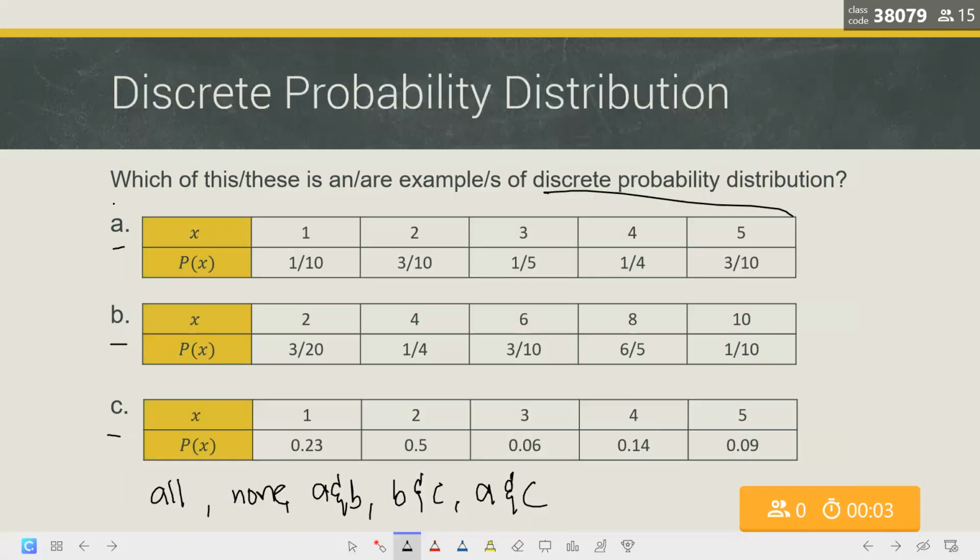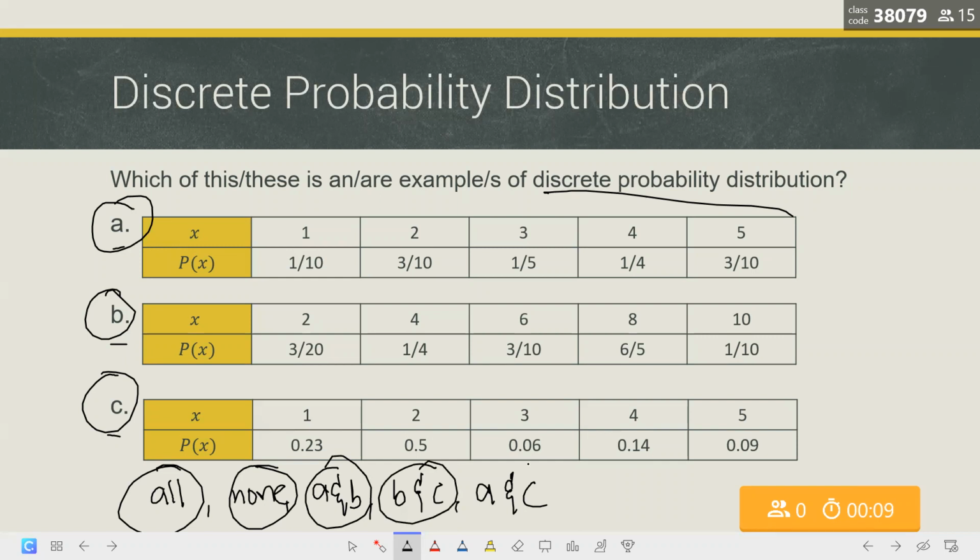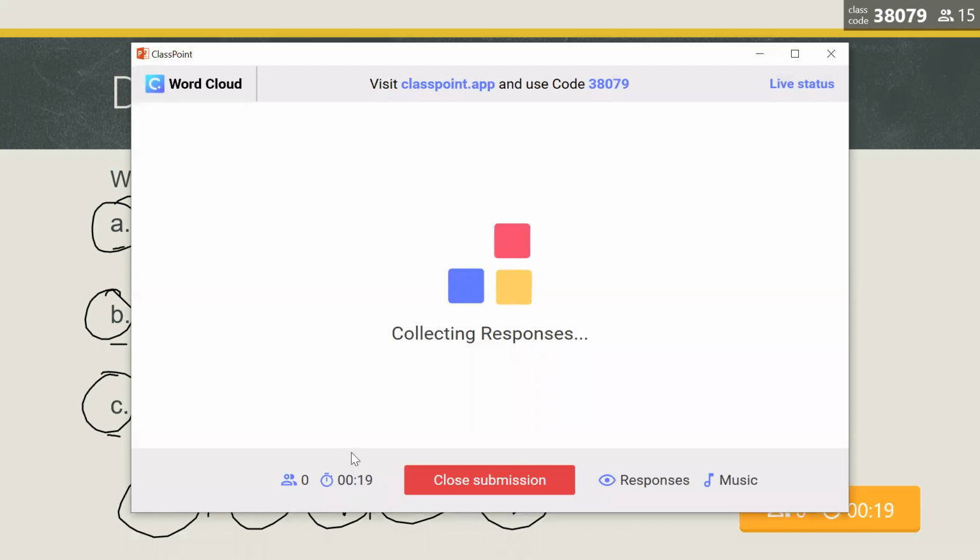It's either A, B, C, all, none, A and B, B and C, or A and C. Pakisulat kung saan dyan yung discrete probability distribution. I'll be giving you 5 minutes to do that. Okay? Sige. Remember to use the properties, ha?